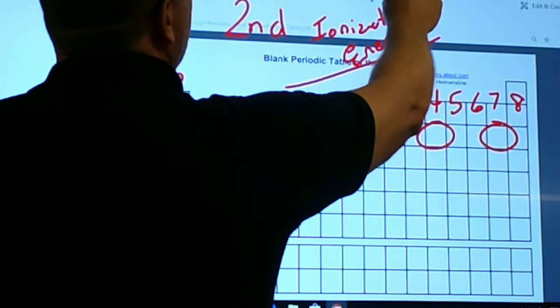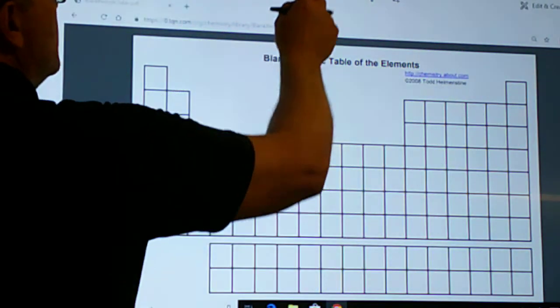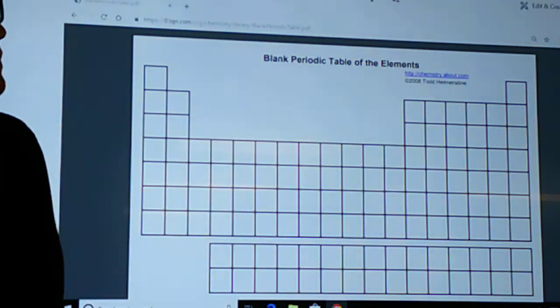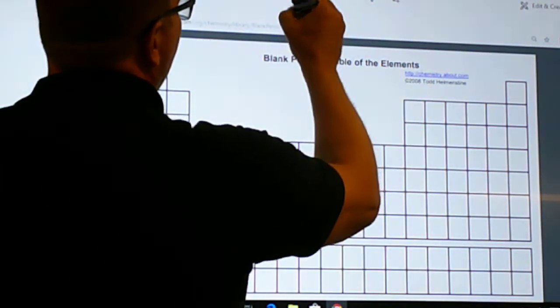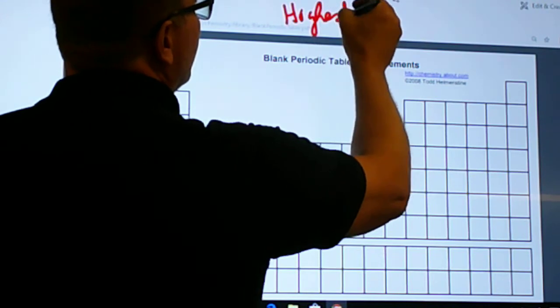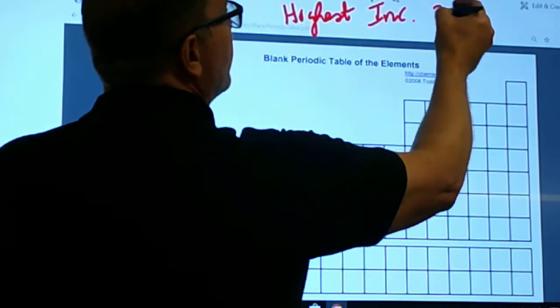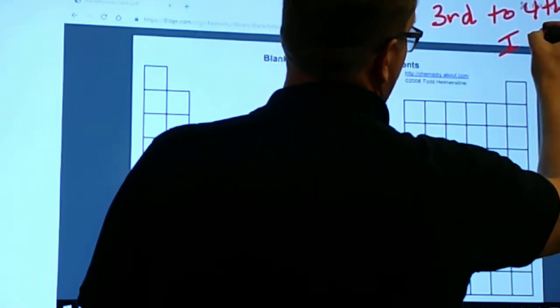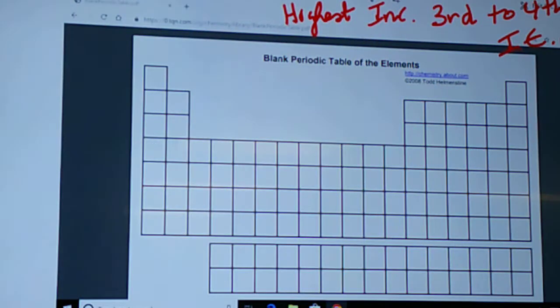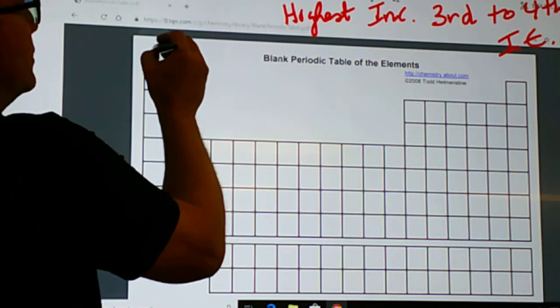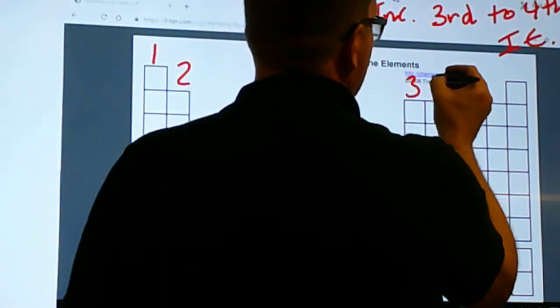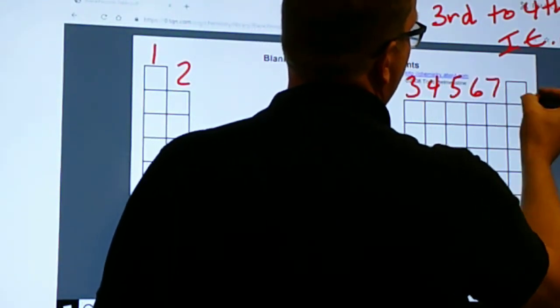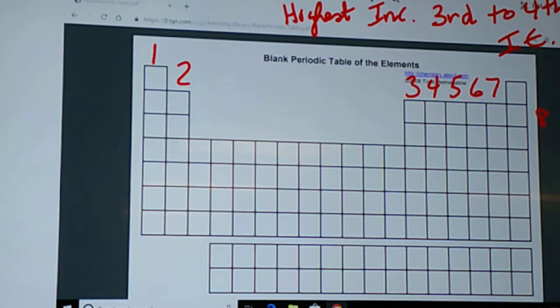So let's go ahead and delete this one. Let's go back to this one. Now let's say I want the highest increase from third to fourth ionization energy. Now again, you look at your valence electrons. 1, 2, 6, 7, 8. What's going to have the highest increase between your third and your fourth ionization energy?